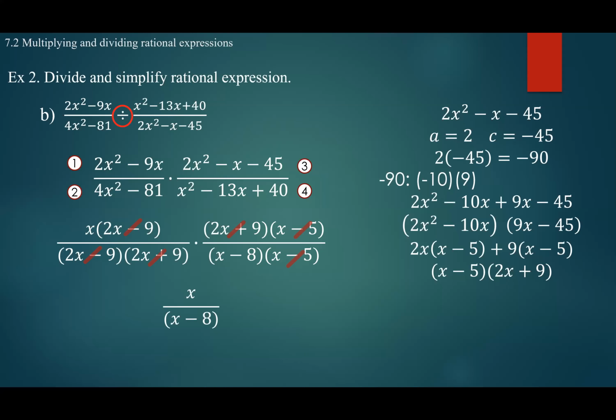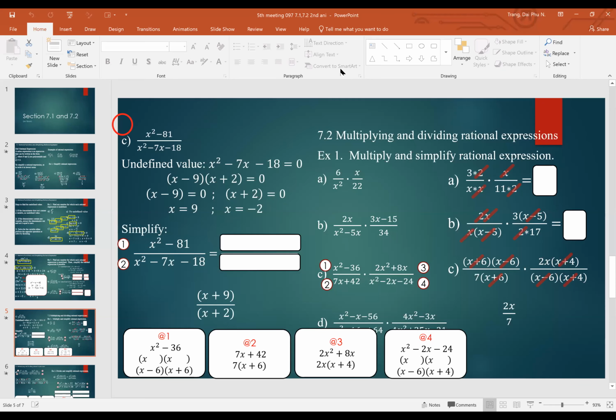Like I mentioned in the earlier class, I'm not trying to sugarcoat anything. The hardest part of chapter 7 is the factoring problem. If you know how to factor, then this chapter is nothing new. Cancellation is probably the only thing new that you see.